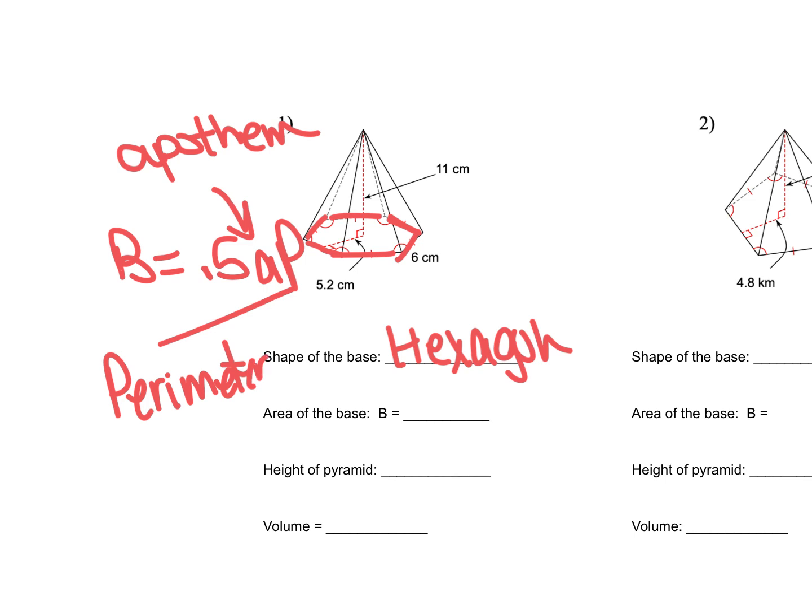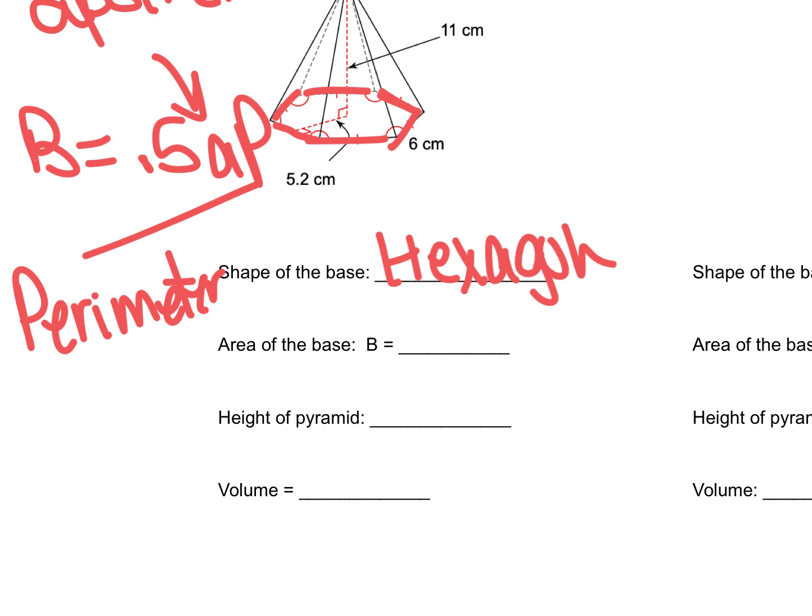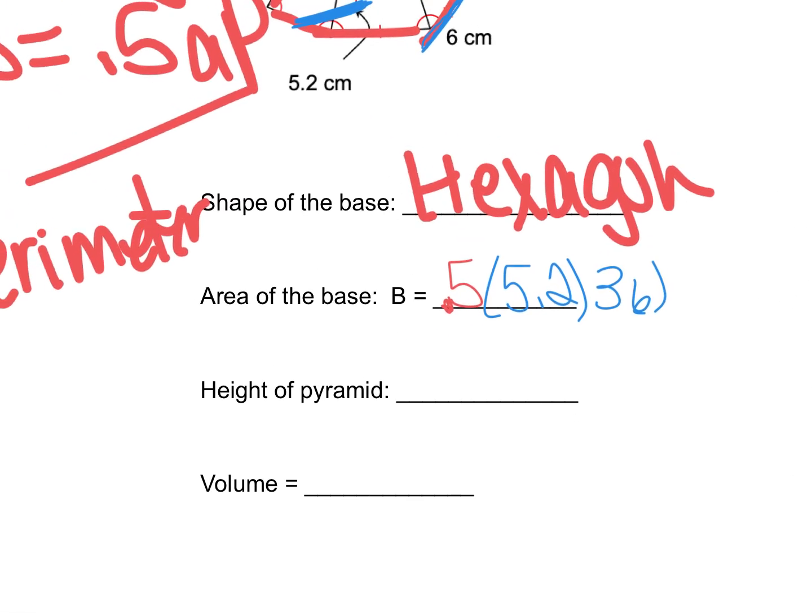Okay, so the area of our base is going to be half the apothem, which is this right here, goes perpendicular to the side, so that's going to be 5.2, times the perimeter. Well, the perimeter, each side is 6. 6 times 6 is 36. If we multiply that out, we get that the area of our base is 93.6.